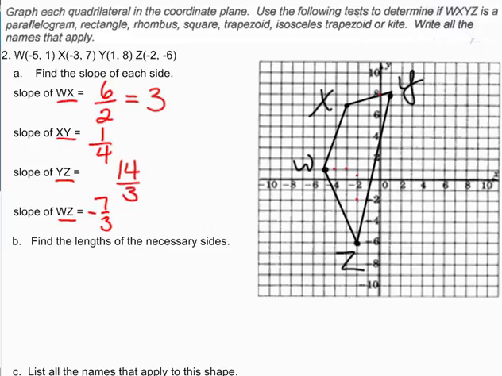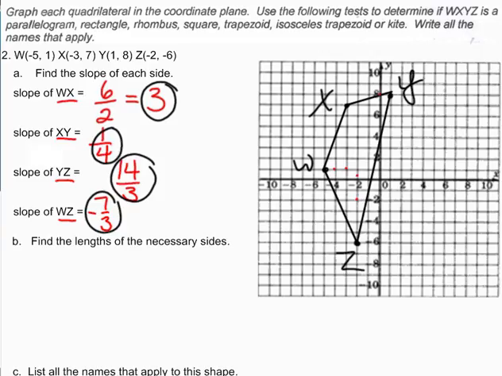Now we need to compare all these slopes. We have 3, 1/4, 14 over 3, and negative 7 over 3. None of them are the same, so we know we don't have any parallel lines. And none of them are opposite reciprocals, so we don't have any perpendicular lines.